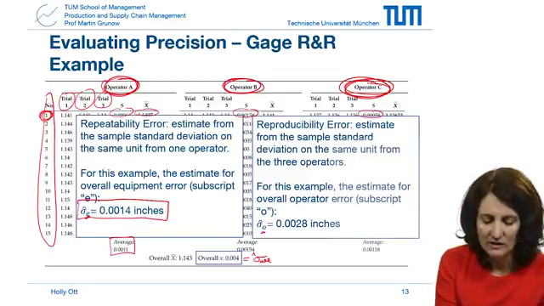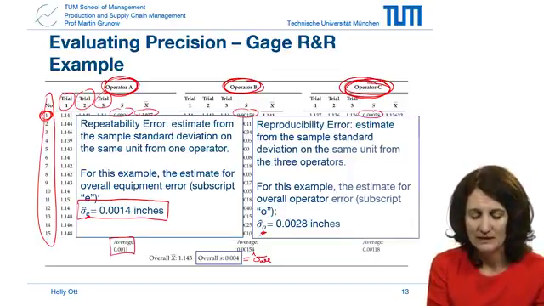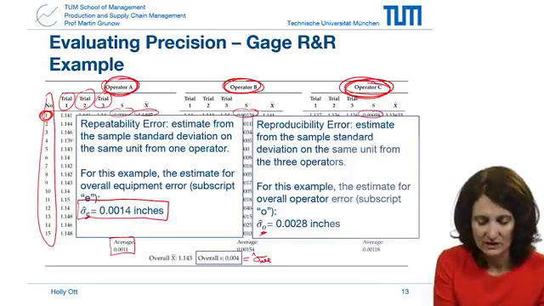And we can compile those to get an estimate of the overall variation for the operator error, sigma sub O, and in this case it's 0.0028 inches.